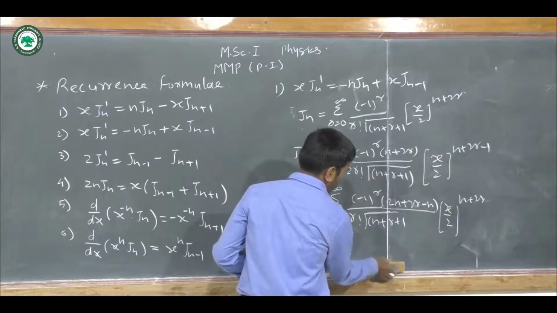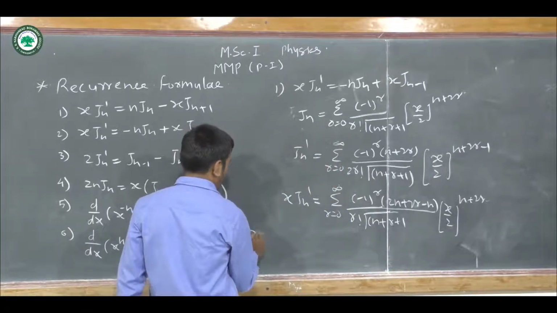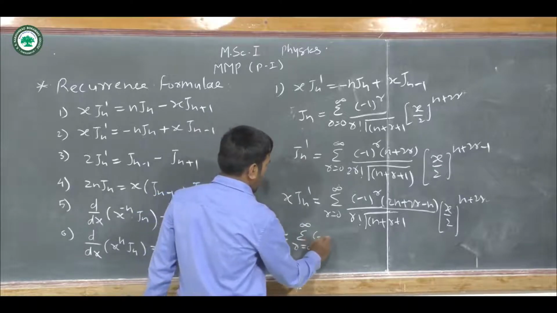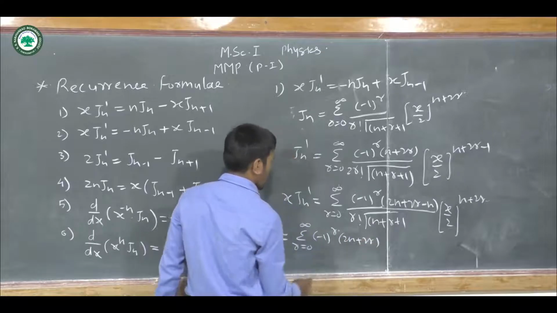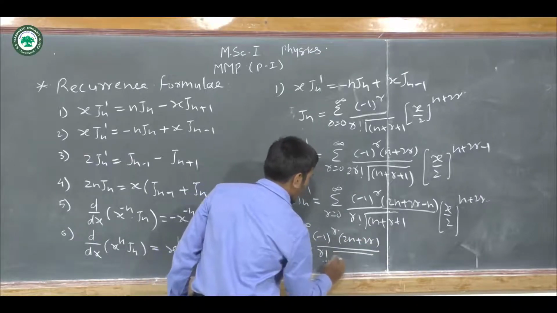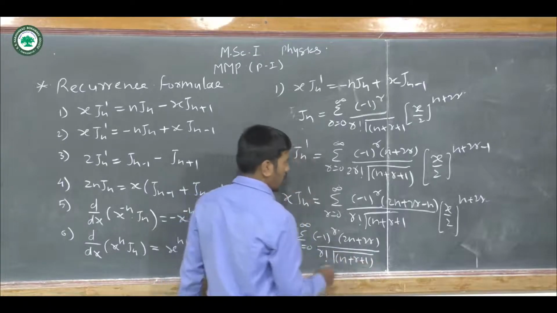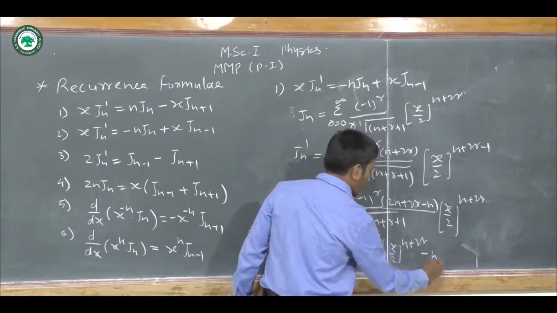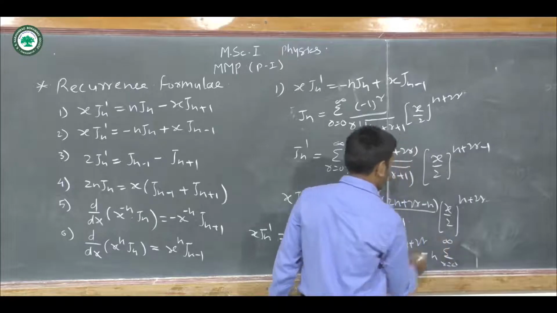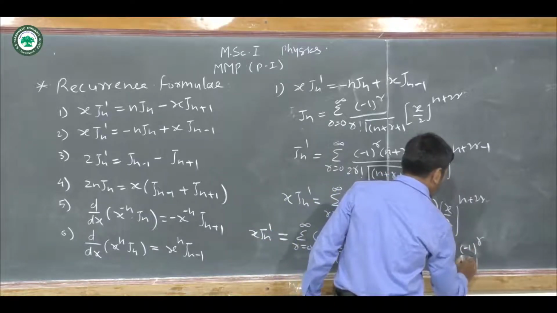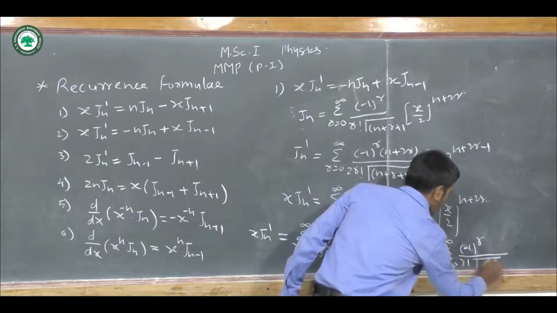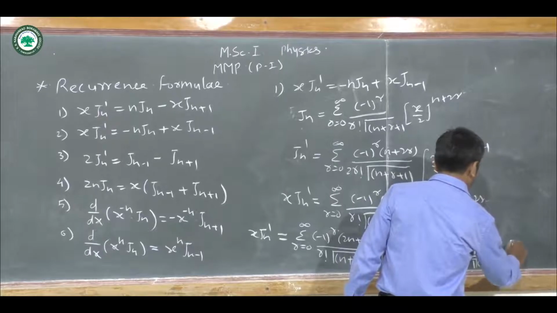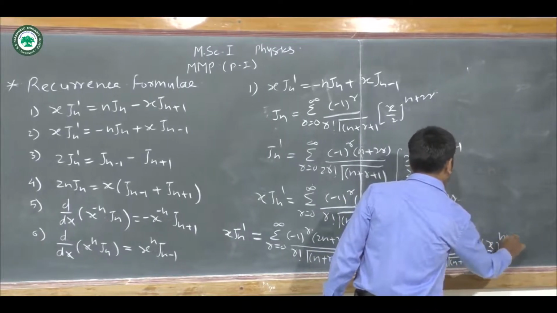So the expression is like this: x Jn prime is equal to summation r equal to 0 to infinity, minus 1 power r into 2n plus 2r divided by r factorial gamma n plus r plus 1 into x by 2 power n plus 2r, and this minus n summation r equal to 0 to infinity, minus 1 power r divided by r factorial gamma n plus r plus 1 into x by 2 power n plus 2r.